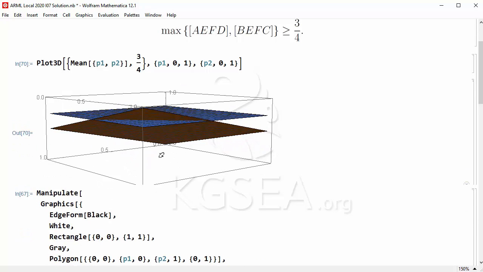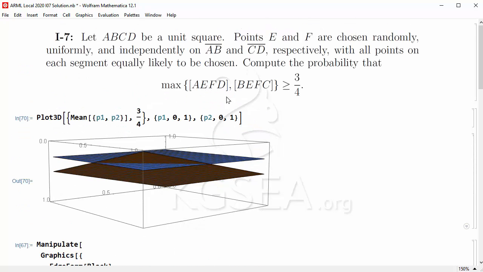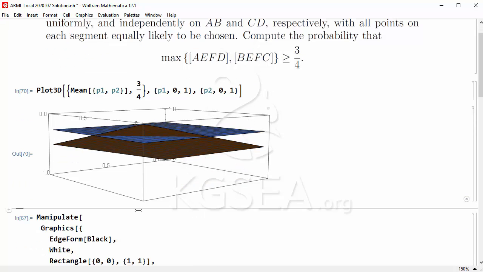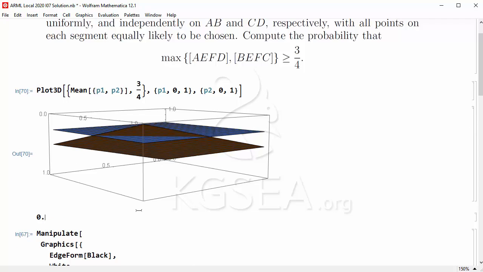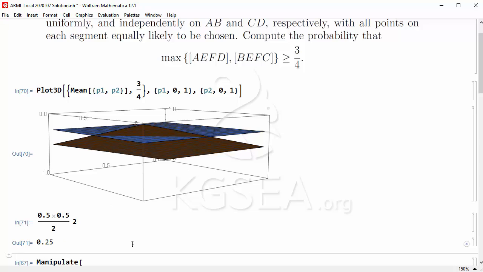Remember, it had to be either larger than 3/4 or smaller than 1/4. So there are 2 of those. I'm not sure if I'm making sense. So it's 0.5 times 0.5 over 2 is the triangle area of each. And then there were 2 triangles. So therefore, this is the probability.